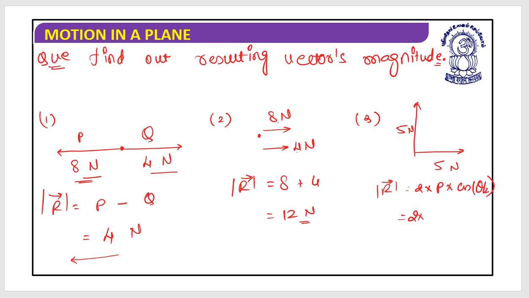So this equals 2 into 5 into cos 90 by 2, which is cos 45 degrees, and cos 45 is 1 by root 2. It's 10 into 1 by root 2, which gives 5 root 2 Newton. And its direction would be the angle bisector. As you can see, this is 90 degrees, so this would be 45. The magnitude would be 5 root 2. Is it clear?